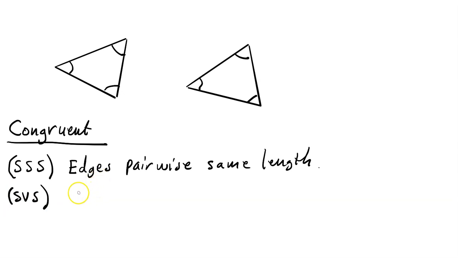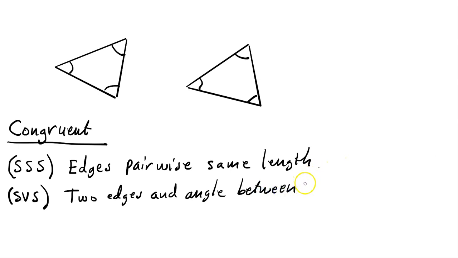If instead of 3 sides of the same length you have only 2 edges, and the angle between them is the same.